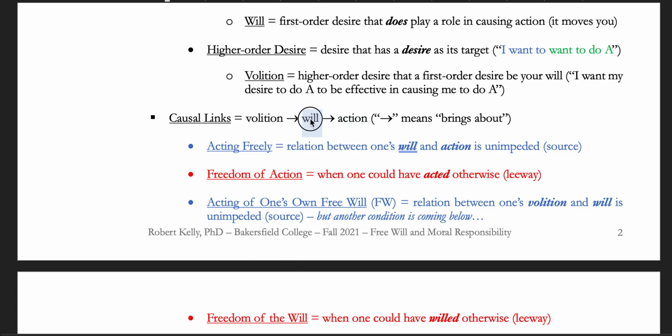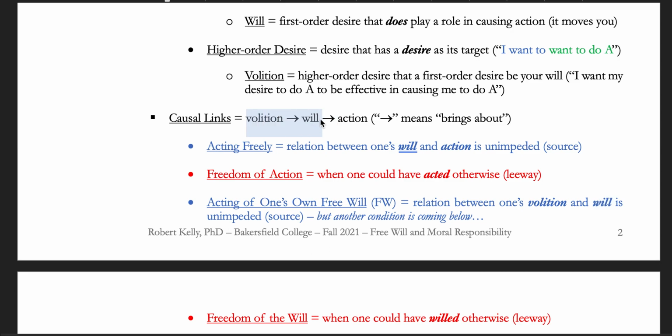So when the will is free, or acting of one's own free will, that means the relation between your volition, this thing, your higher order desire, your want for some of your other desires to be effective, that volition that you have, and the relationship between that and those desires that you're wanting to be effective, when this relation is unimpeded.